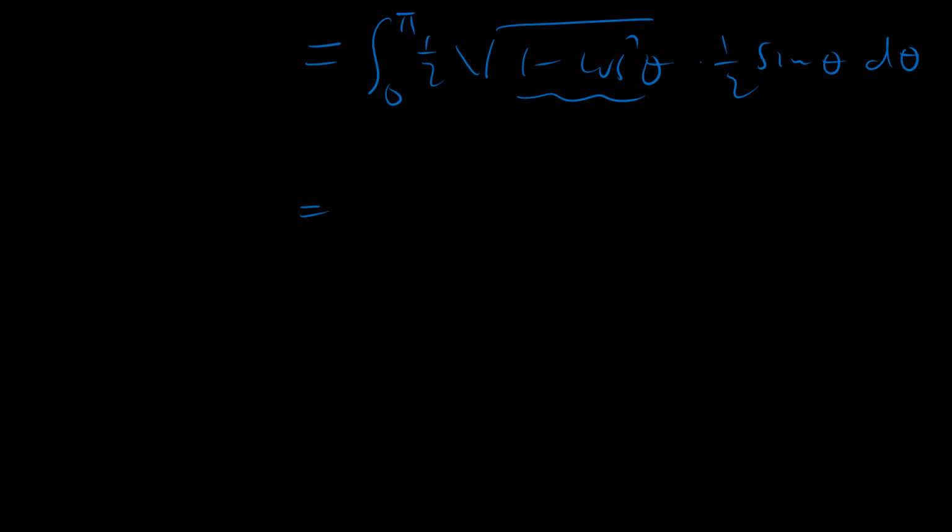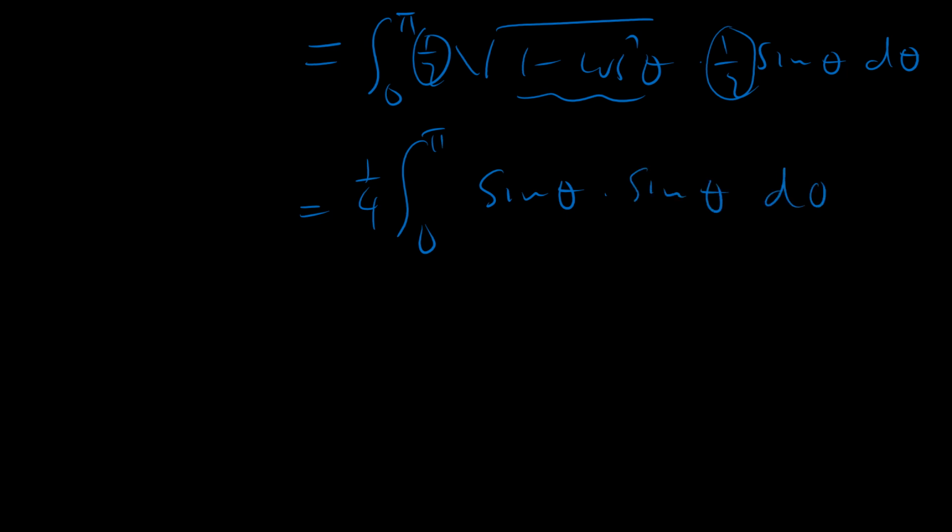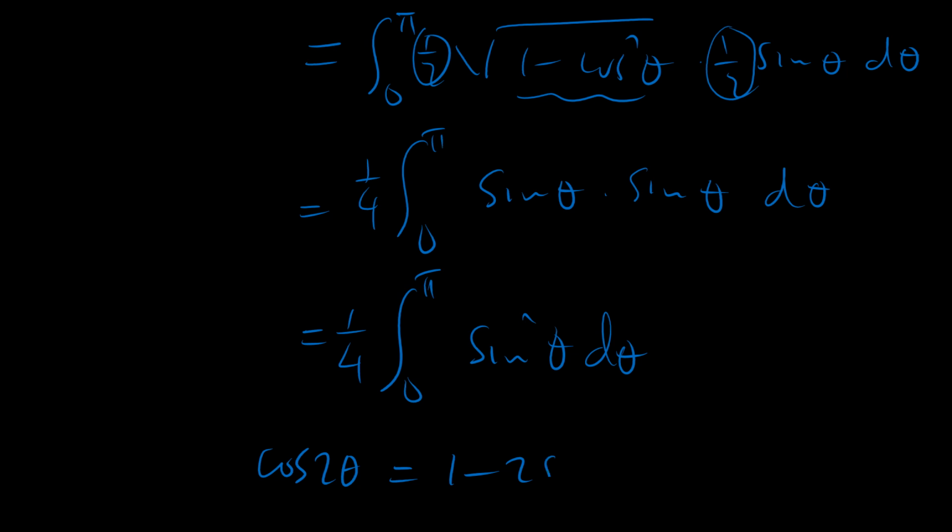It means that if we bunch this to a quarter, the square root of sine square theta is sine theta, and then times sine theta, and now we get a quarter integral of sine square theta. We know that cosine 2 theta is the same as 1 minus 2 sine square theta, which means that sine square theta is the same as 1 minus cosine 2 theta over 2, right?